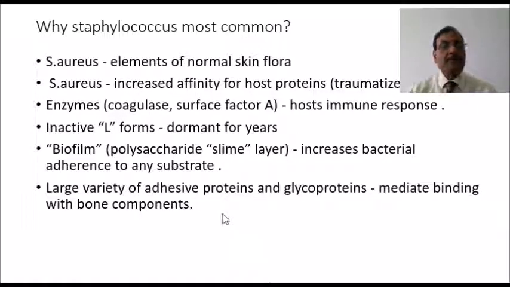Let us understand why staphylococcus is the most common. It has certain good components in itself to infect the bone. First, it is an element of normal skin flora. It has increased affinity for the host proteins, especially the traumatized part of the tissue, bone here. It has enzymes, coagulase, and surface factor A, which neutralize the host's immune response.